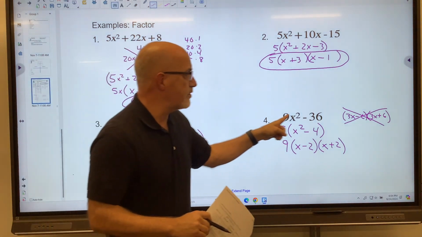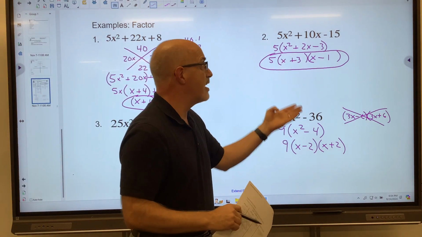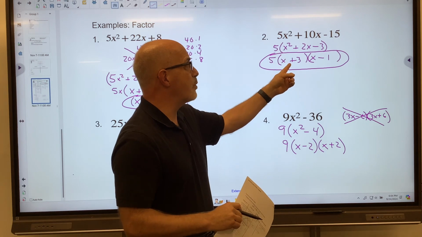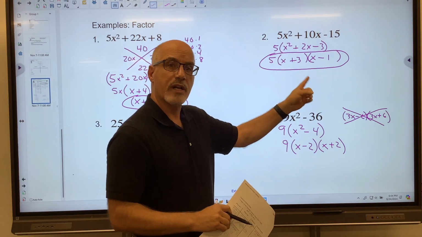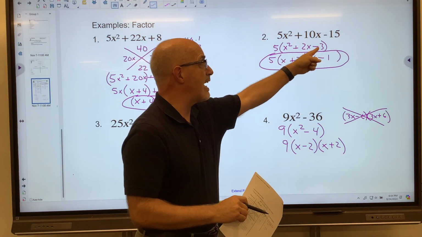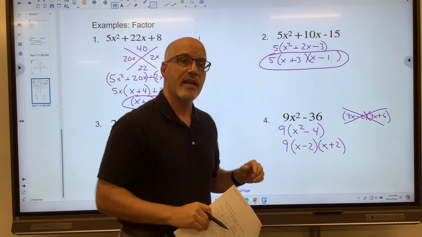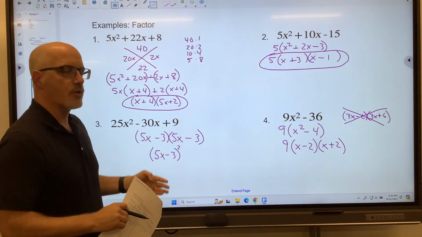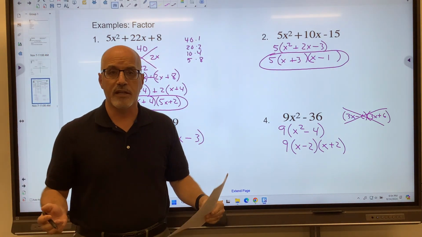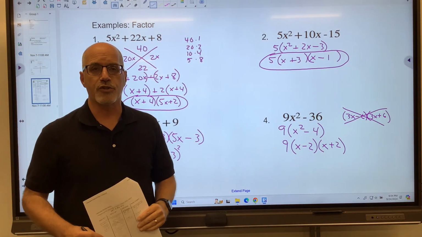If it's the difference of two squares, use that pattern. Otherwise, if the leading coefficient is 1, use the shortcut that we have of multiplying to be the last one, adding to get this one, and also looking for the perfect square pattern as a possibility for a shortcut to factor your trinomial.